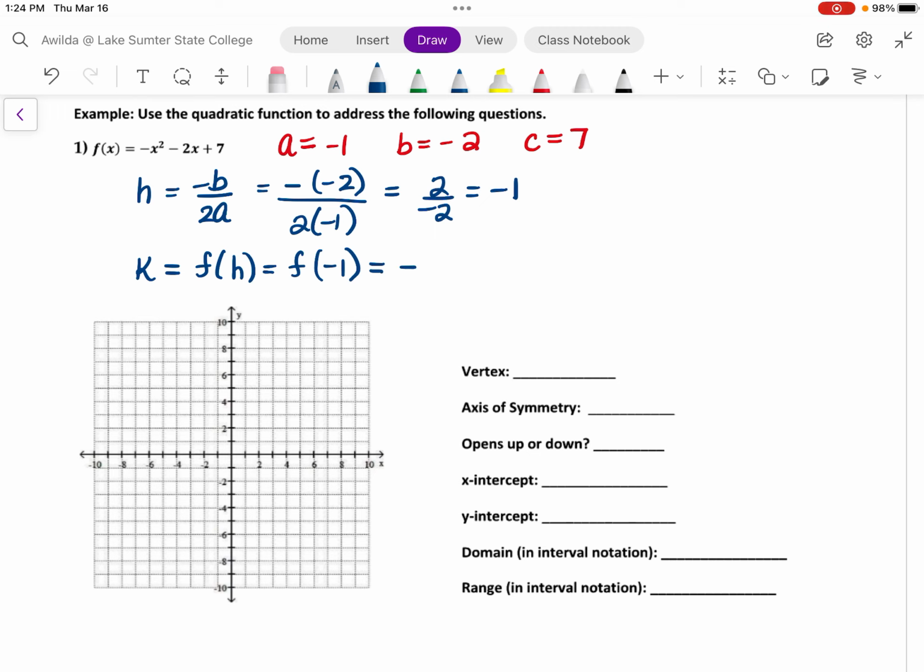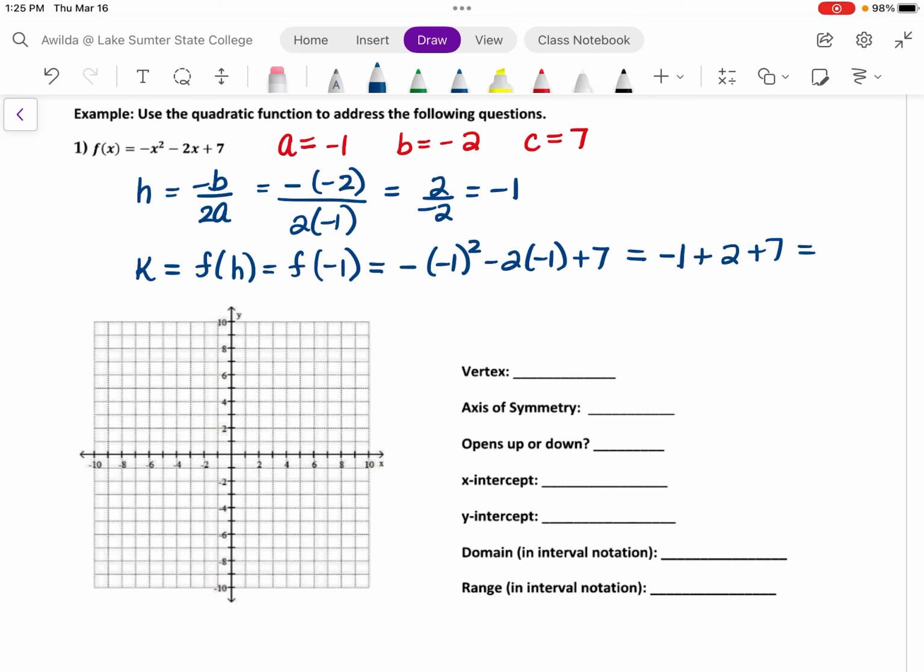So we get the opposite of -1, quantity squared, minus 2 times -1 plus 7. Let's be careful with our signs here. -1 when squared is a +1, but the opposite of that is still a -1. Then we have -2 times -1 becomes +2, and then plus 7.